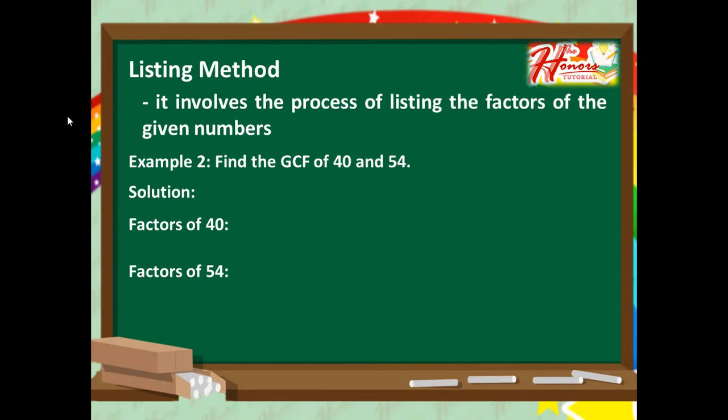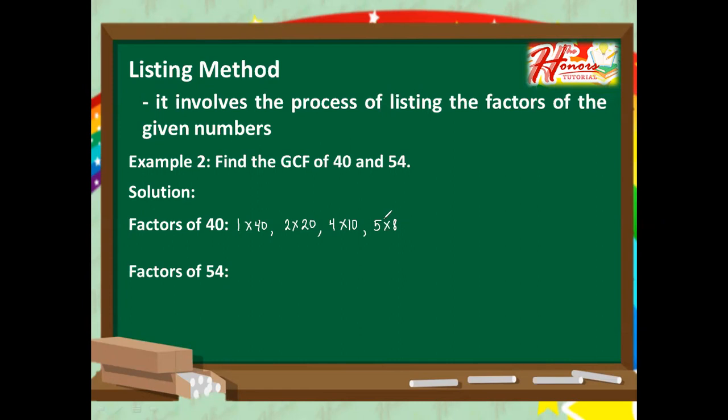So we have here 1 times 40. How about 2? 2 is possible. It's 2 times 20. 3 is possible? No. 4 is possible. 4 times 10. 5 is possible. Yes, it's 5 times 8.